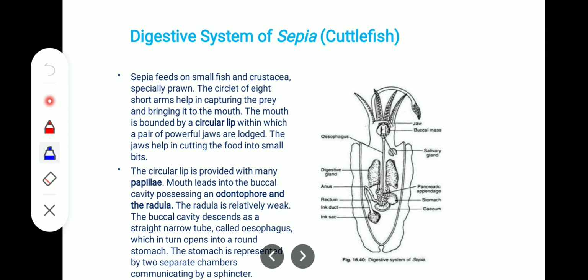So in the second point, the first part of the digestive system is the mouth, then the esophagus and the stomach. The stomach is represented by 2 separate chambers. We see them one by one.